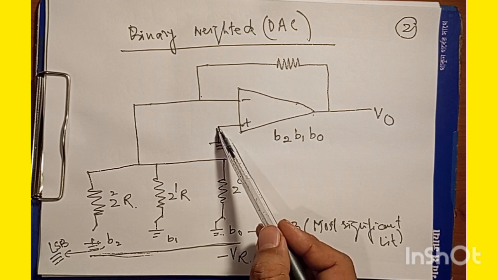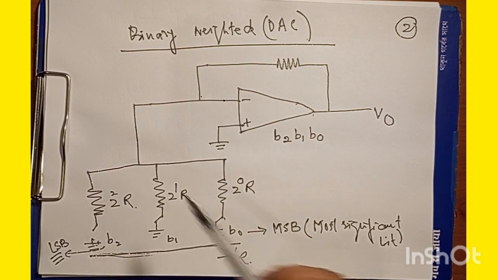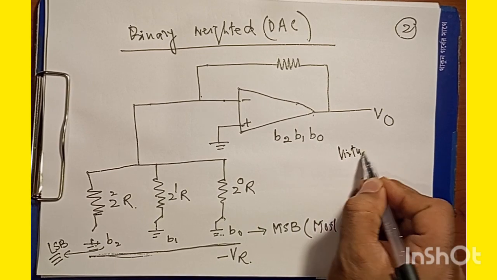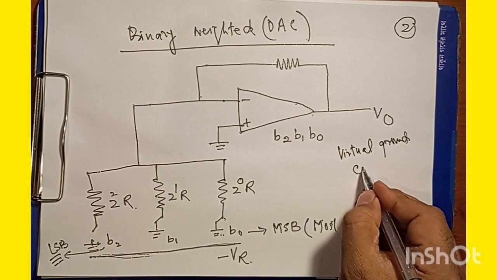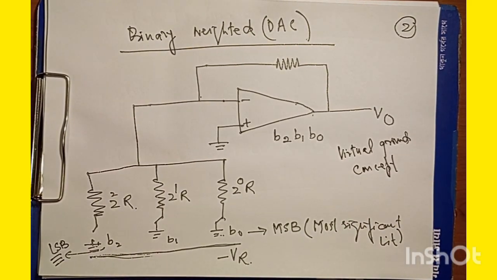Now, if we have 0 voltage at this point, we can immediately think of 0 voltage at this terminal by virtue of the virtual ground concept.